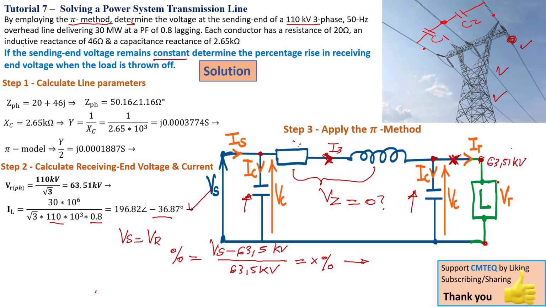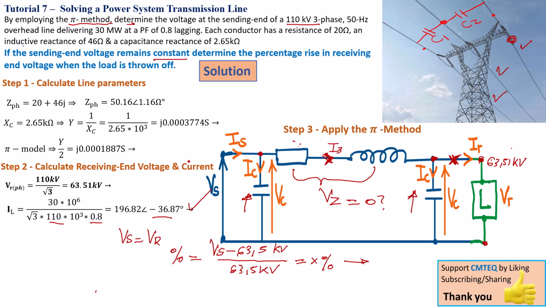So basically they're telling you right now, when the switch is closed, VR is 63.5 kilovolt, but as soon as the switch is disconnected, the receiving end voltage is going to become whatever the value of the sending end voltage is, which we do not know.